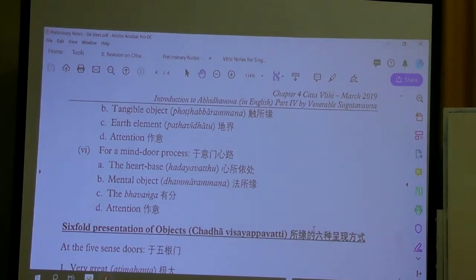But there is also a mind process arising. They also have a mind process, but no heart base. There are 3 conditions. Okay, you should keep this in mind. For the immaterial world, only 3 conditions, except the heart base. Except the immaterial world, everywhere else we have 4 conditions. Heart base is important. Without the heart base, the mind process cannot appear in our life.